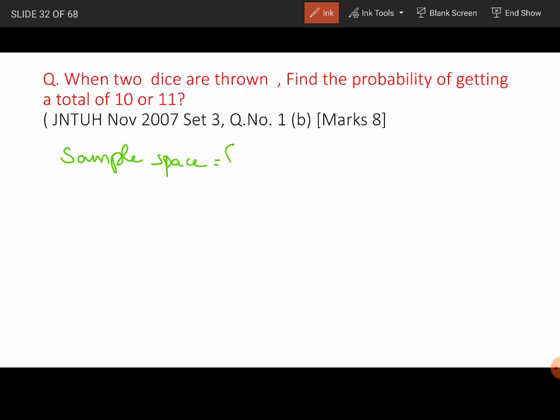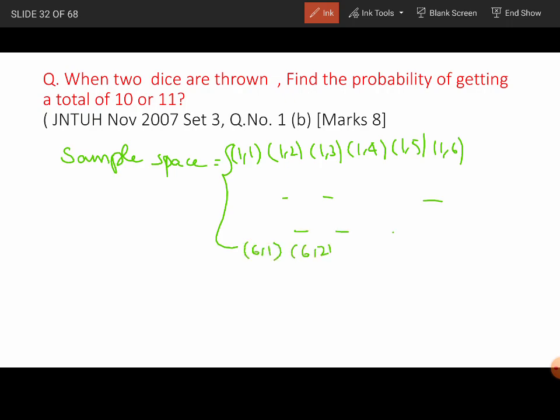The sample space would consist of 1 1, 1 2, 1 3, 1 4, 1 5, 1 6, and so on to 6 1, 6 2, 6 3, 6 4, 6 5, 6 6.